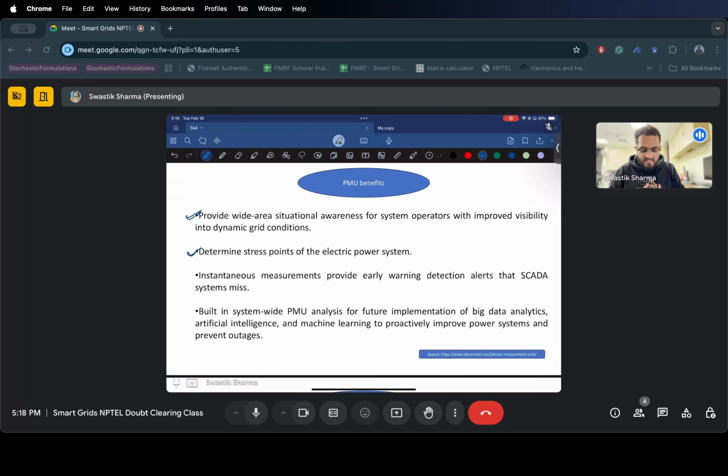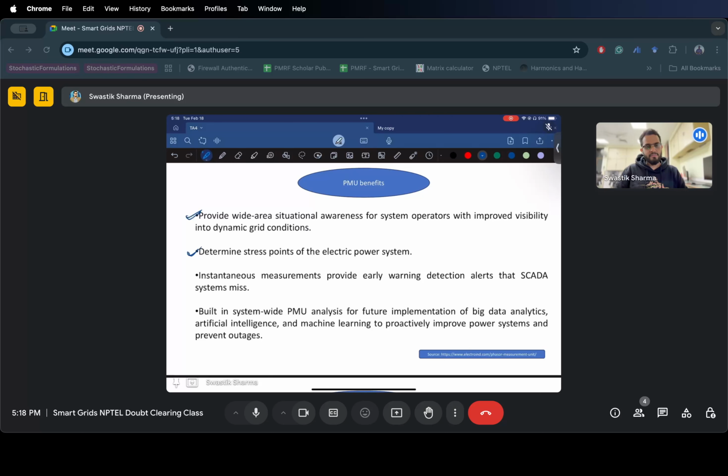Also, they can determine stress points of the electric power system. When I say stress point, let's say PMUs are costly affairs, right? You cannot just place one at every node and get all the data from every node. People normally don't do that. It's a costly affair. So PMUs are generally placed at those locations which are prone to faults and stresses.